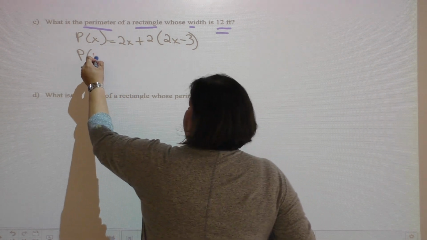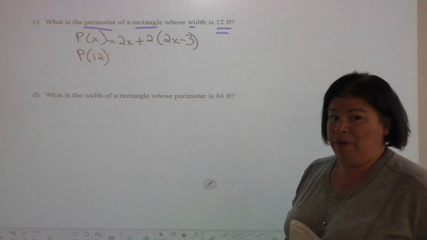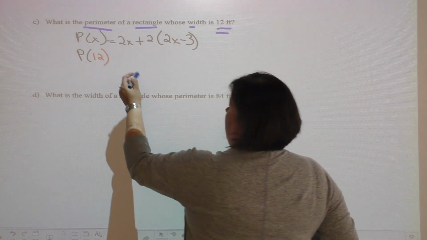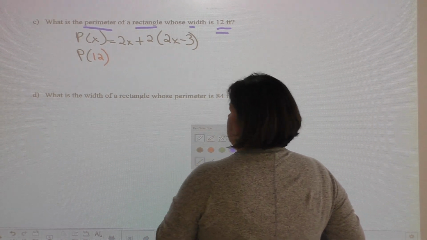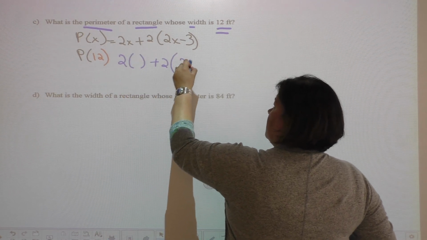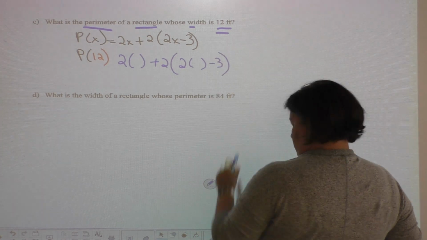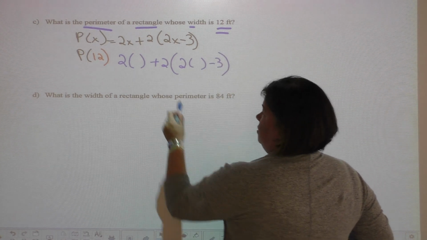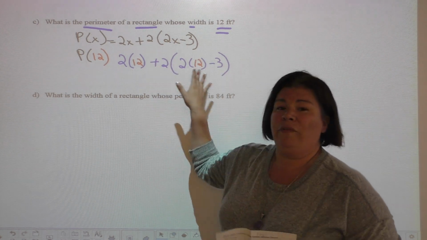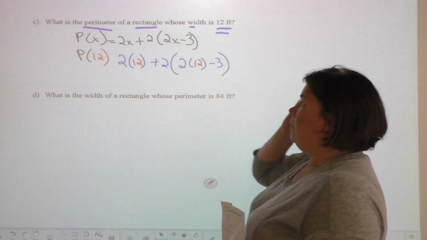So to do that, you could do this one of two ways. You could literally substitute in 12 wherever you see an x. All right, and all I'm going to do is substitute in 12 in here. You know, you could perform the order of operations and do that.